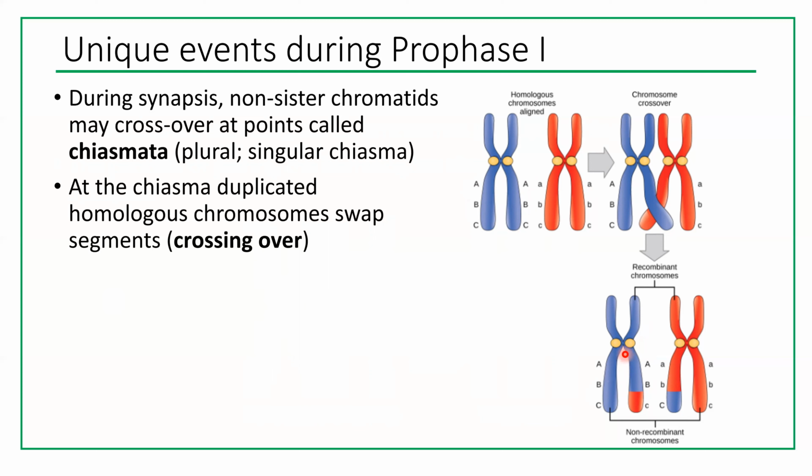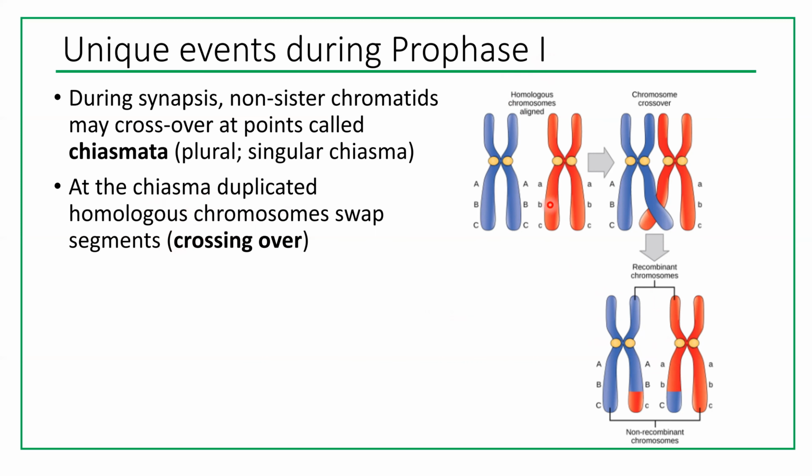Now, whatever I'm passing to my kids will have some dominant and some recessive. This is called recombination. So those are recombinant chromosomes, and these are non-recombinant chromosomes because there is no recombination. So at the chiasma, duplicated homologous chromosomes swap segments through crossing over. That happened in prophase 1 of meiosis.